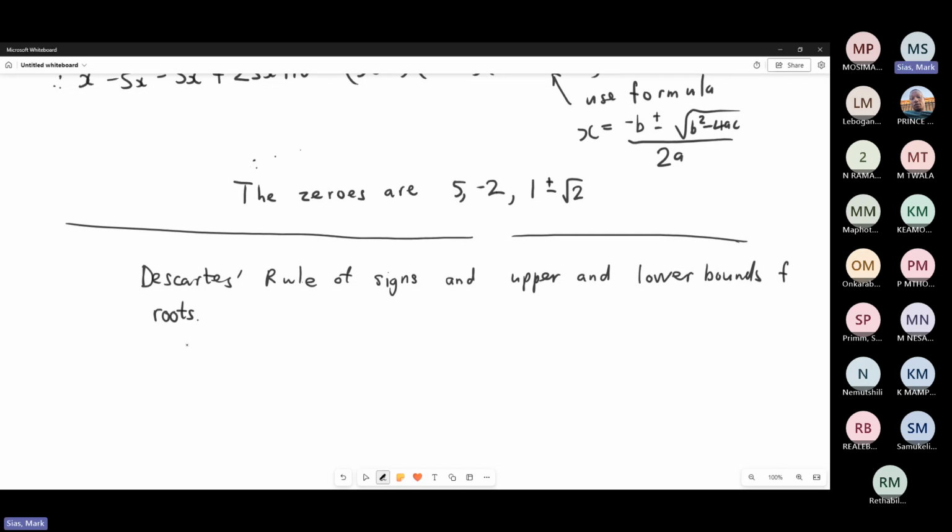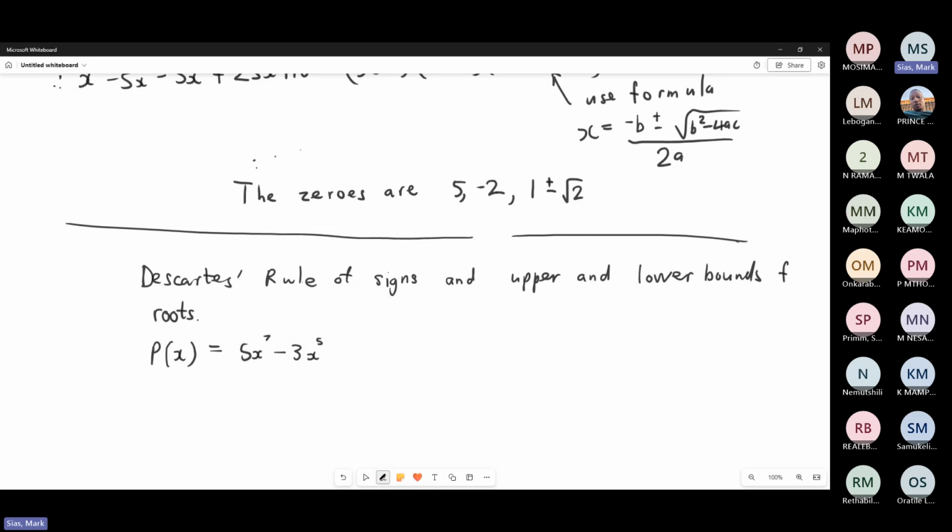So let me try and illustrate Descartes' rule of signs, and then we'll discuss the notion of an upper and a lower bound for the roots. Consider a polynomial p of x equal to 5x to the 7 minus 3x to the 5 minus x to the 4 plus 2x squared plus x minus 3.